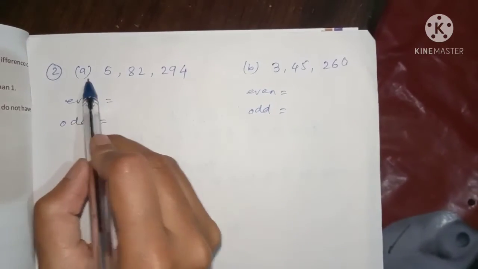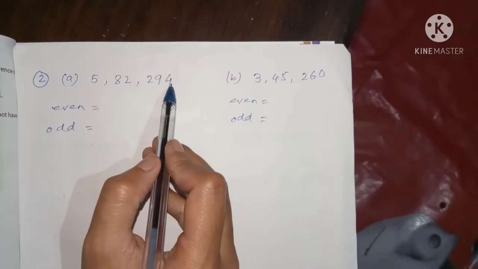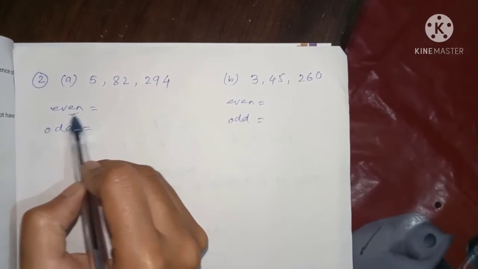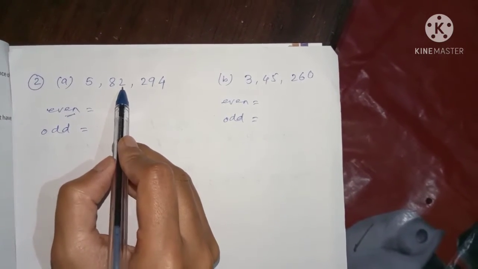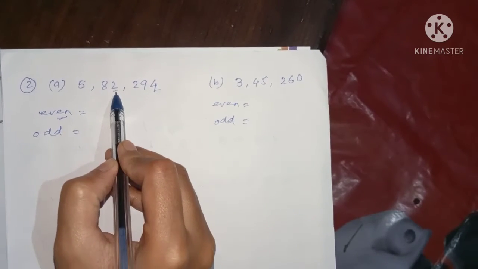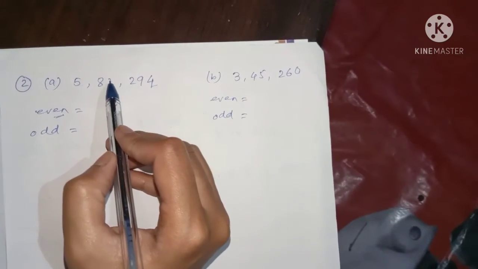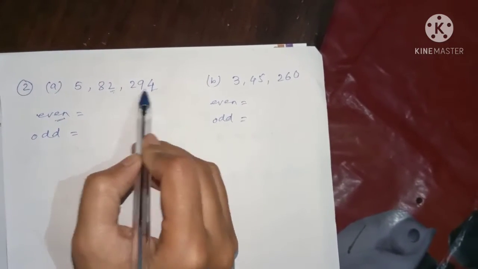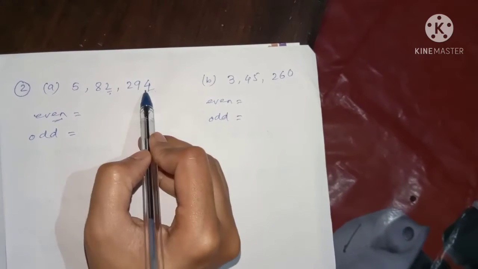In question number 2a, the numbers are 5, 82, 294. We have to find the even numbers first. Even, as I already told you, means 2 and 4 in the ones position. So we have to check if there is 0, 2, 4, 6 or 8 in the ones position. In these numbers, there is 2 here and 4 here, so these are the even numbers.